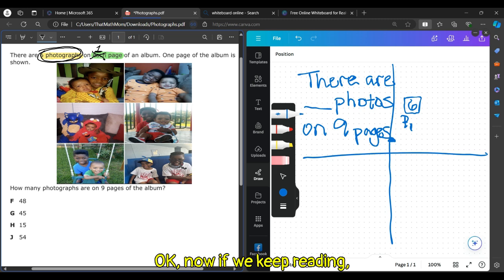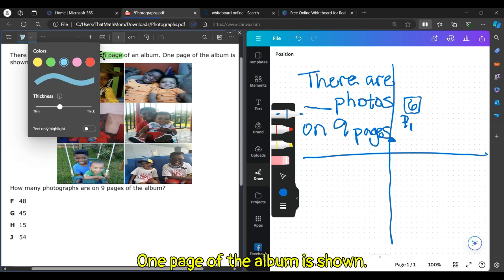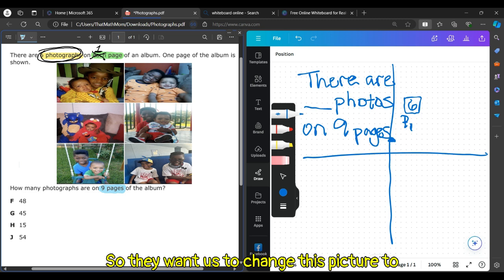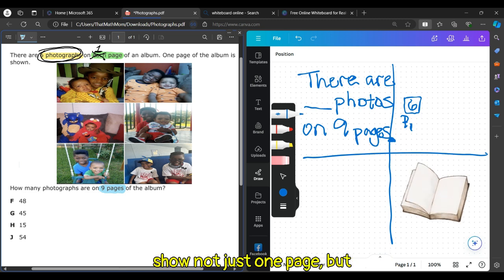Okay, now if we keep reading, one page of the album is shown. The question then asks, how many photographs are on 9 pages? So they want us to change this picture to show not just one page, but 9 pages.